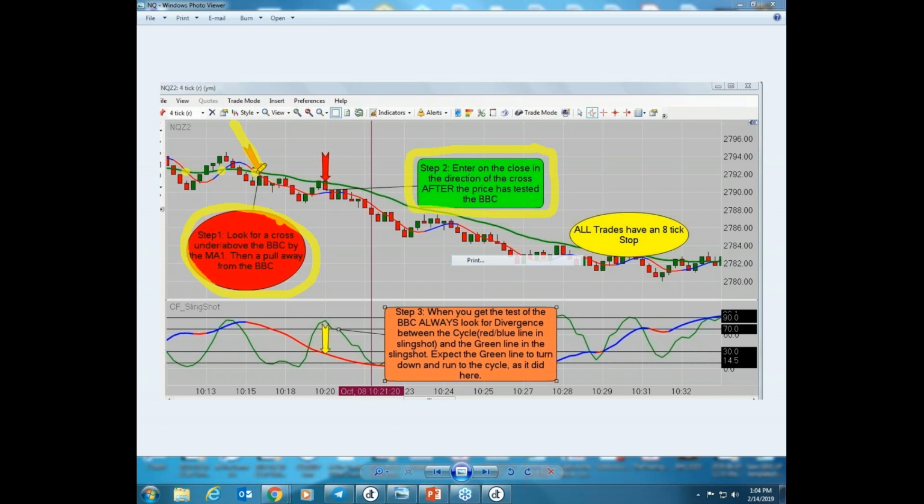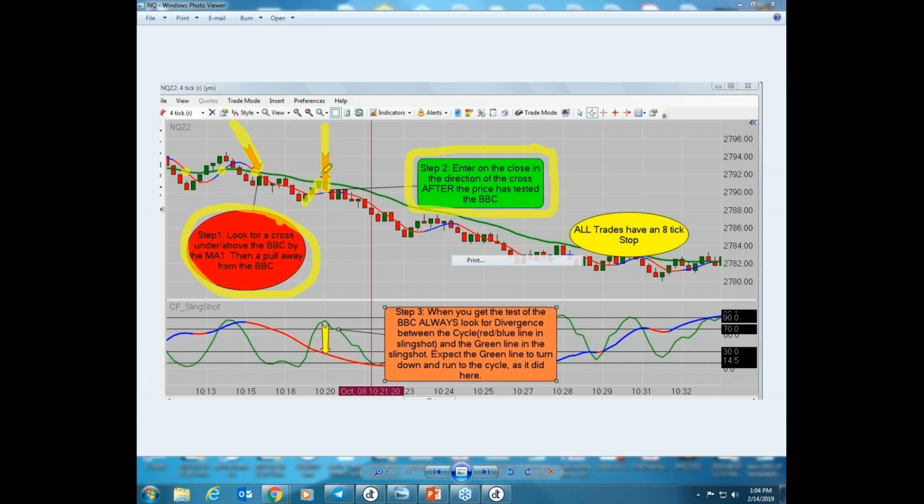And step number 2 is this. After this cross here, this bearish cross highlighted by the red arrow, what we expect to happen, the normal thing for the market to do, is to gravitate toward the BBC or that green line. That's what we're looking out for. And not only are we looking out for that challenge of that green line, after it touches it, as it does there in this green candle here, we're looking for the close in the direction of the trend.